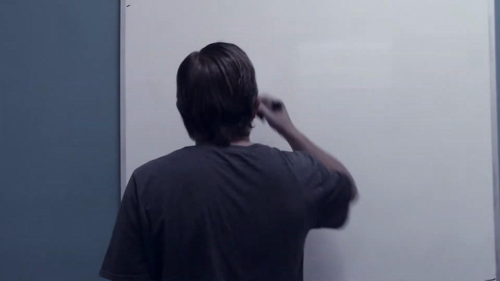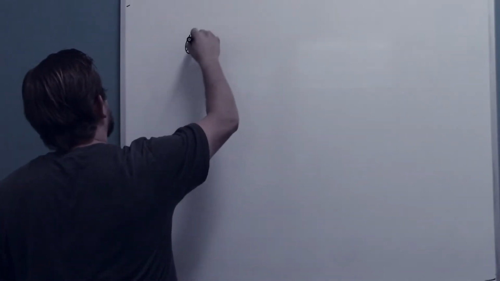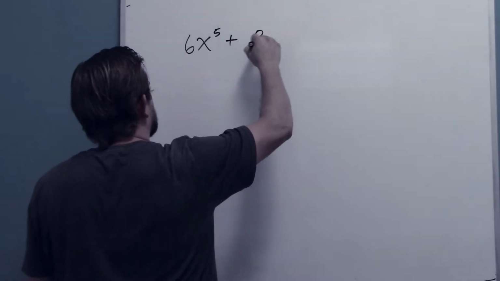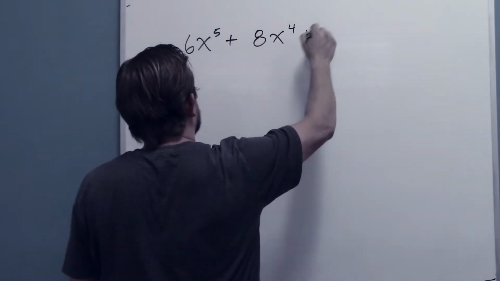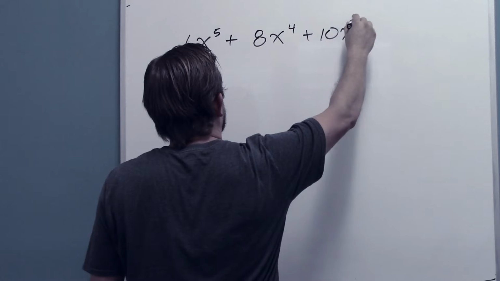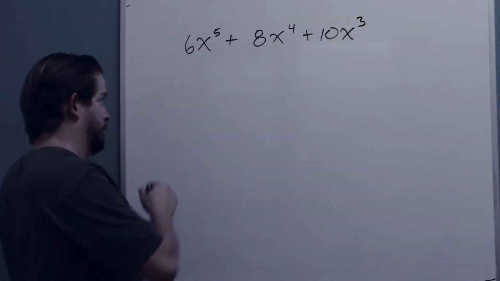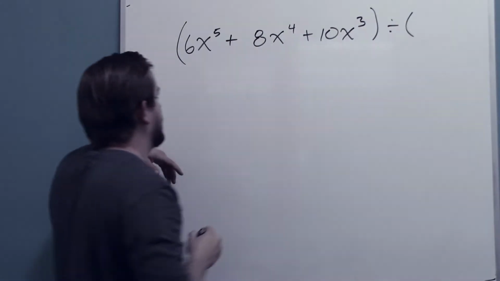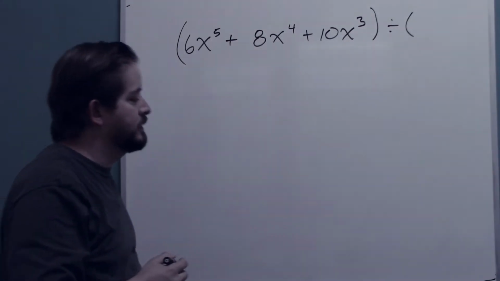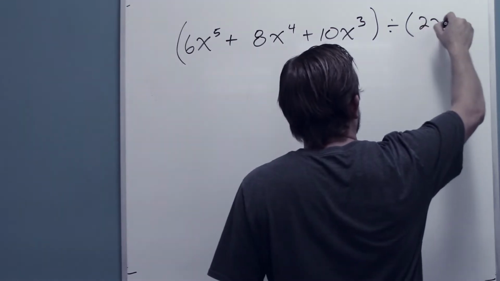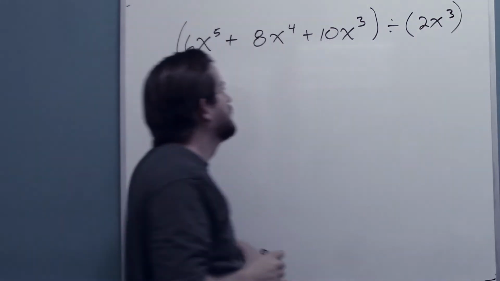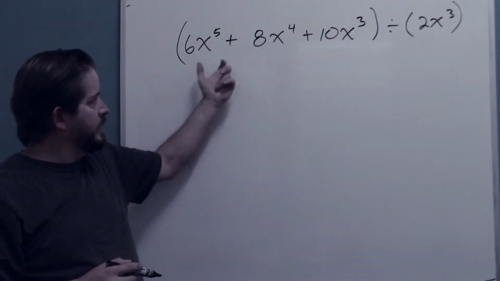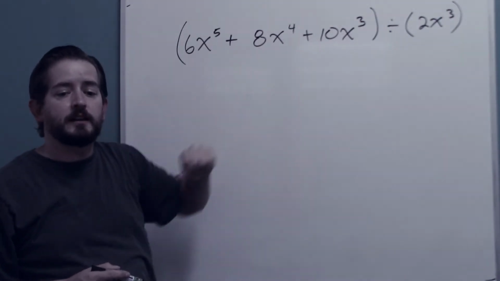So if I look at something like, say, 6x to the fifth plus 8x to the fourth plus 10x to the third, right? And I take this and I divide it all by, let's say, 2x to the third. Well, if I'm taking this and dividing it by a single term, I can actually just take each individual one of these things and divide it separately.